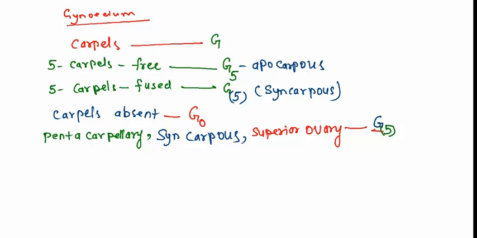This condition is found if the ovary is again pentacarpellary, meaning there are 5 carpels, it is again syncarpous, but the position of ovary is not superior.